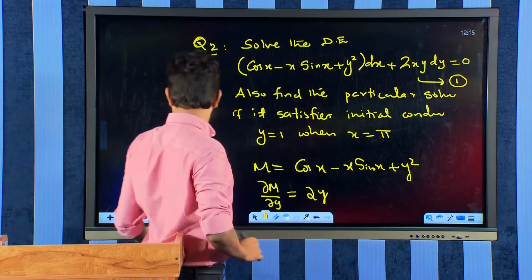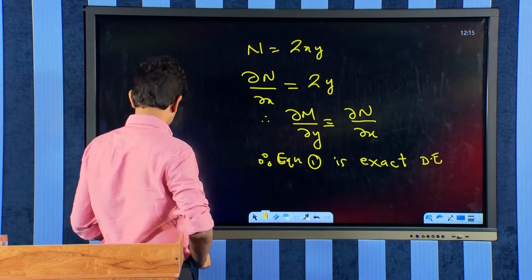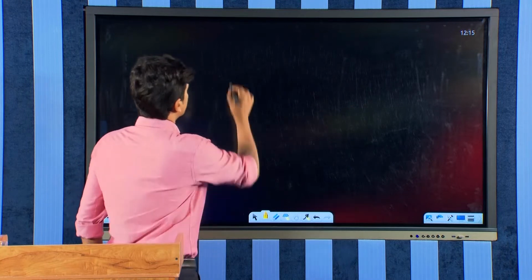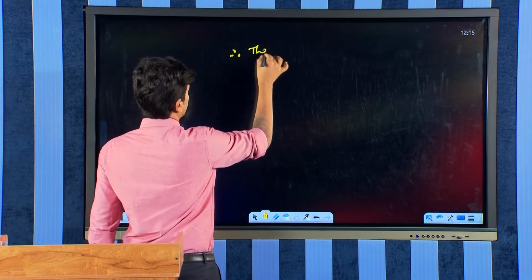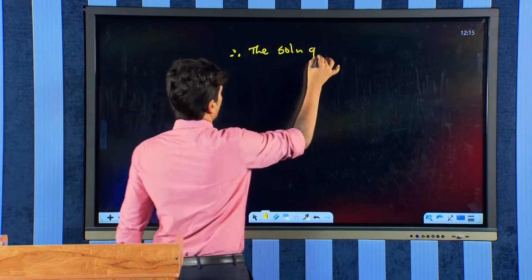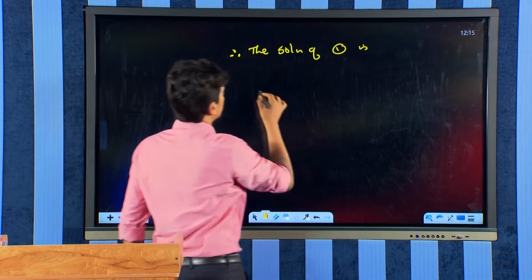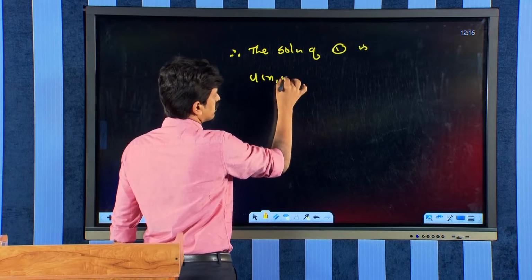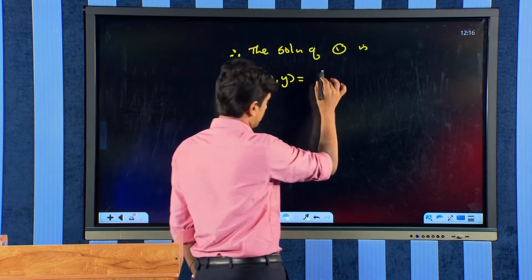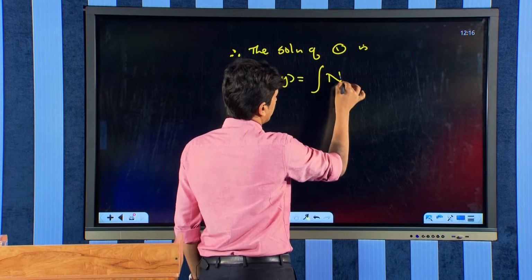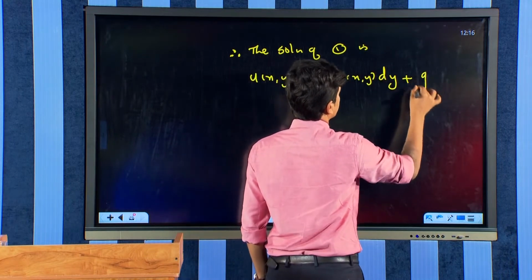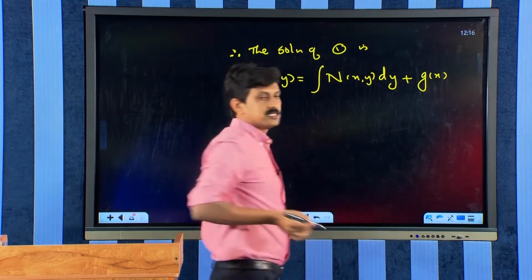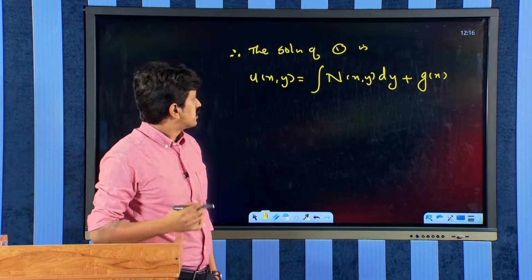So I would like to write this as u(x,y). Therefore, the solution of 1 is u(x,y) is equal to the integral of N(x,y) dy plus the constant of integration as a function of x, g(x).